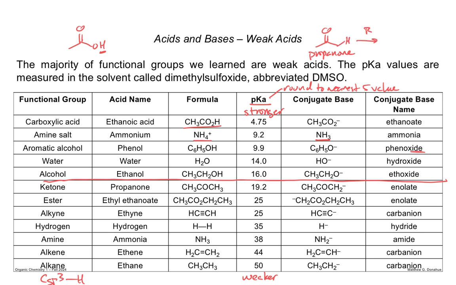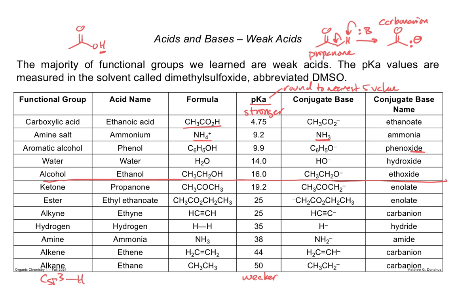So if you treated that with some base, that base would abstract that hydrogen. You would break that sigma bond, and now the carbon would be negatively charged. That is called a carbon anion, or carbanion.